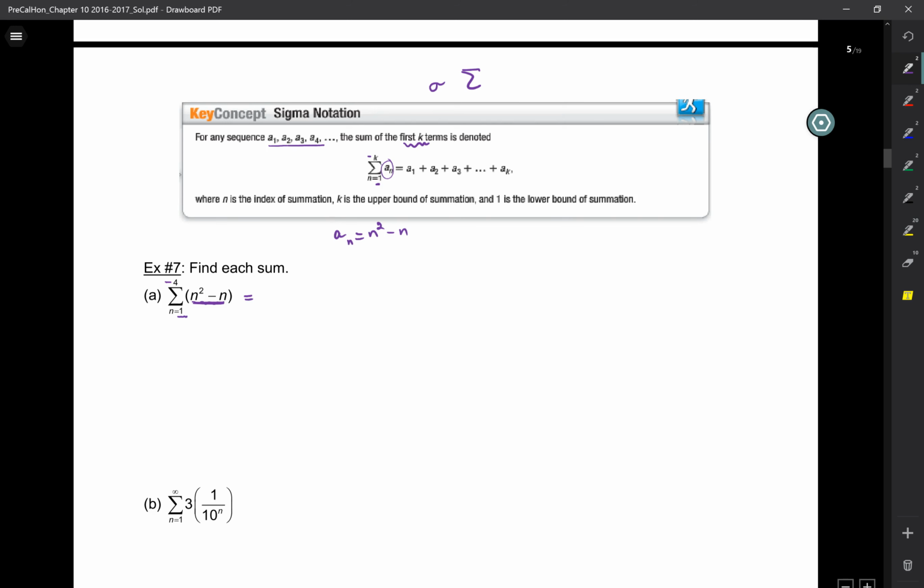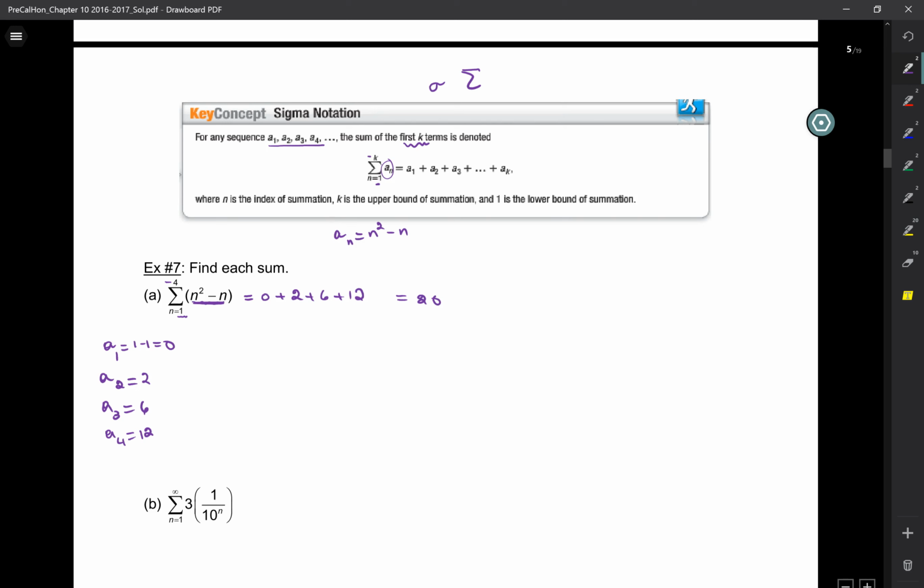So how are we going to do this? Well, let's see. A1 is 1 minus 1, which is 0. A2 is 2. A3 is 6. A4 is 12. And that's all I need, A1 to A4. So I just add 0 plus 2 plus 6 plus 12, and I get 20.